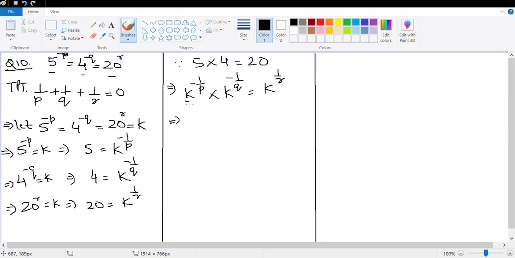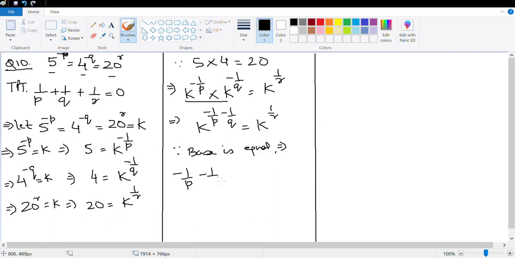This means, since the bases are equal, I can add the powers. So k to the power negative 1 upon p minus 1 upon q is equal to k to the power 1 upon r. Since the base is equal, minus 1 upon p minus 1 upon q is equal to 1 upon r.